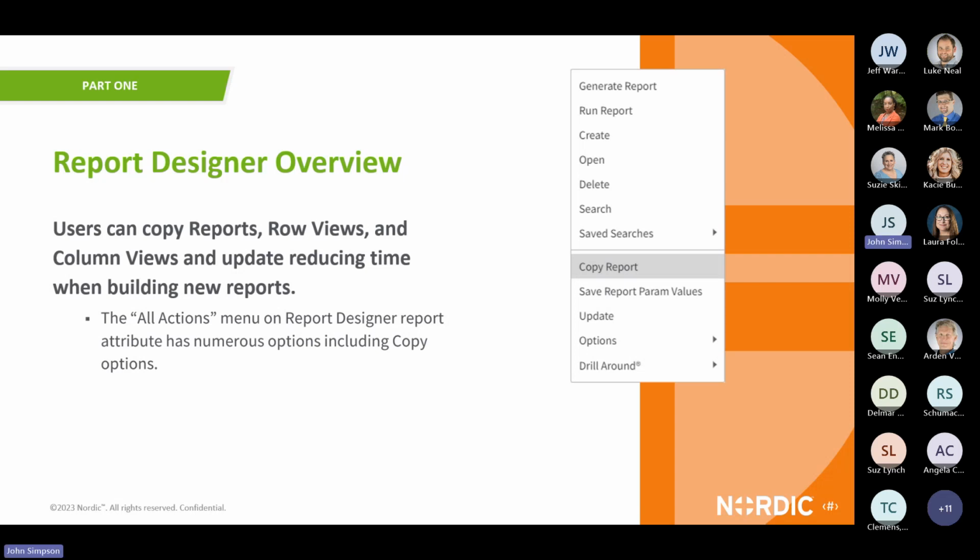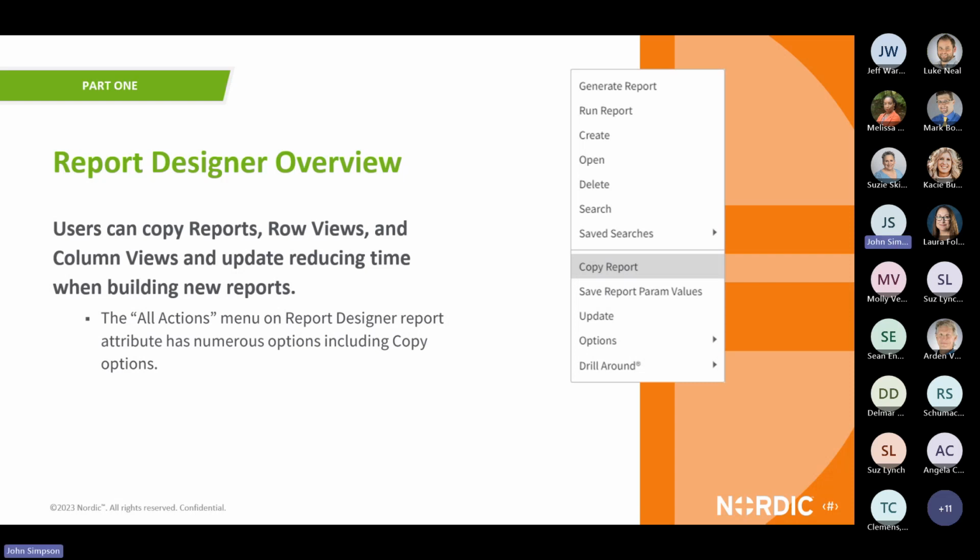Really, the reports don't take a lot of time to put together anyways, but having the ability to copy some existing formats that you may already be using, make a couple of slight modifications, and then generate the report makes it very easy to use and very flexible.